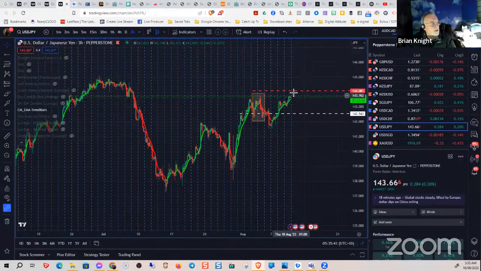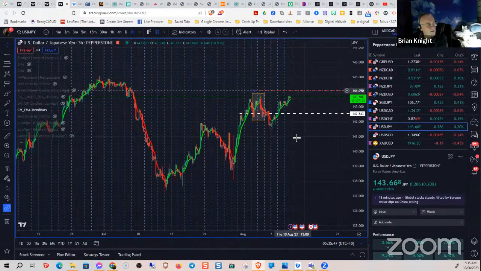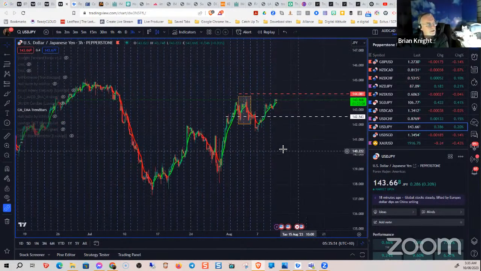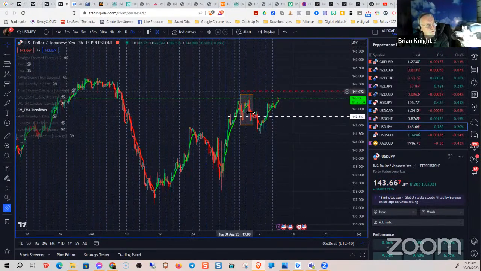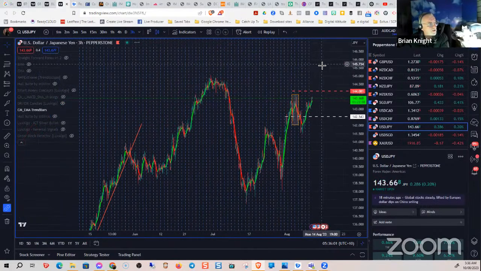Come back, retest. If it does break through there, so what? I've got 0.01 on it. I am not concerned. I'm just trialing this, and from a market structure perspective, if it does, it does. It means it's going to go higher, right?